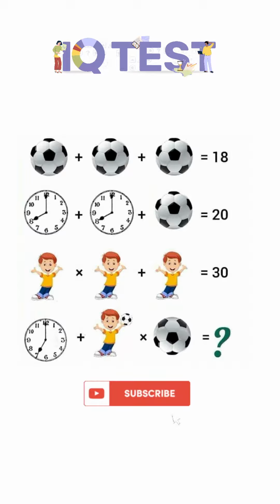Simon, I agree. The boy is 5. So the football is 6. The wall clock is 7. And then the boy is 5. So Simon is saying everything is 37.